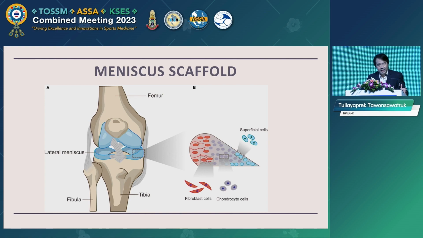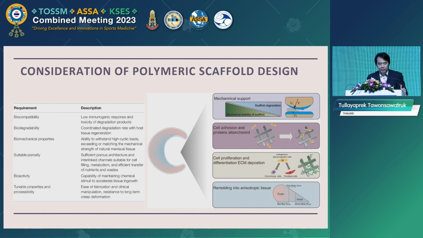The target cell and target scaffold are very important. For polymeric scaffold design, the basic requirements are biocompatible, biodegradable, good mechanical properties, suitable porosity, like the holes in the scaffold, bioactivity, and tunable properties, like the remodeling process of the implanted scaffold.